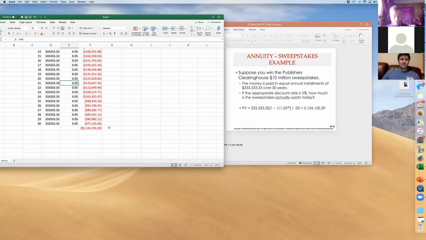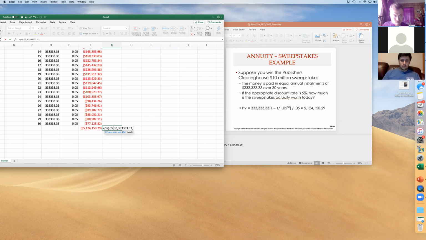Now, to get that same number, we can do this the easy way, and we can hit equal present value, open up the parentheses. The interest rate is 5%. The number of periods here is we have 30 years worth of payments, and the payments are $333,333.33.